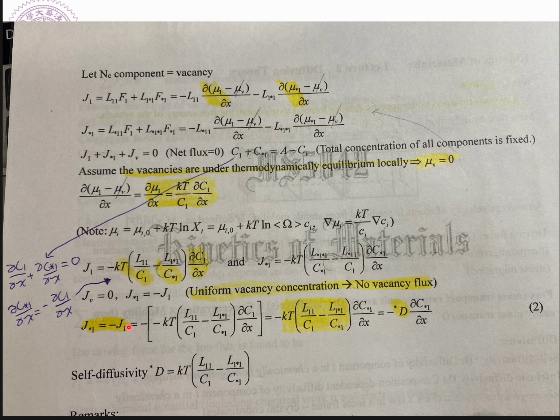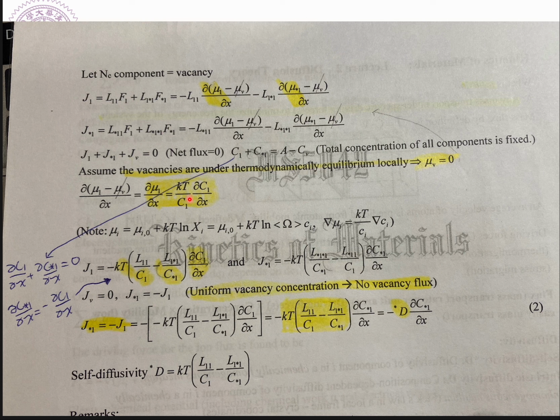So as long as I substitute the J1 with this partial concentration c1* gradient, with the concentration c1*, then I can know the D*, right? So how to do that? J1 is expressed like this, right?